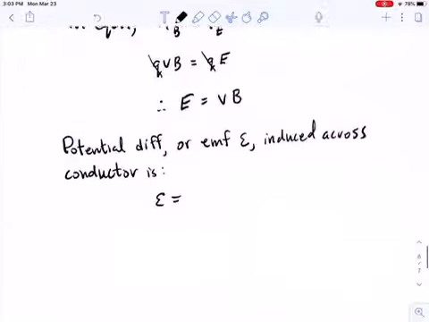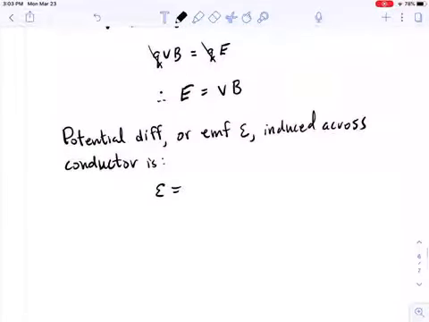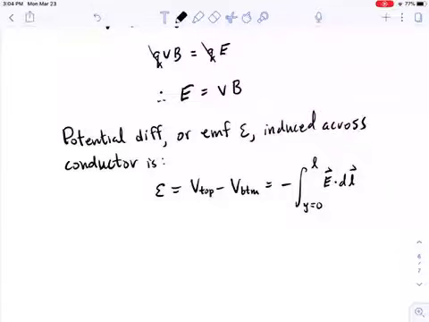So I'm going to calculate the voltage difference, which is the final voltage, the voltage at the top, minus the initial voltage, the voltage at the bottom. And that's equal to minus the integral from y equals 0 to L of E dot dl.